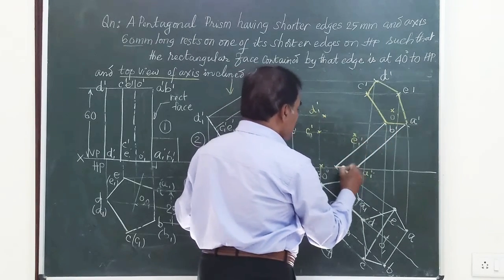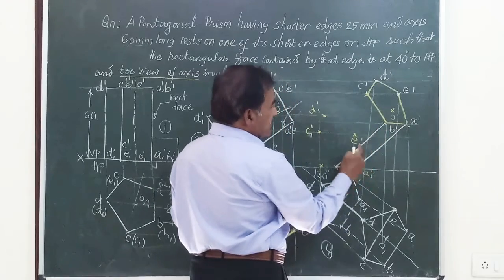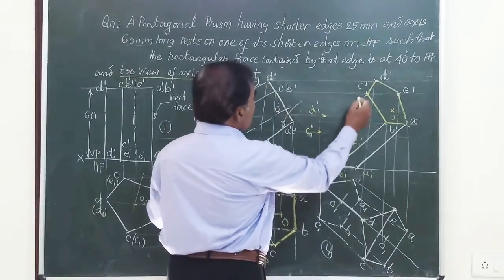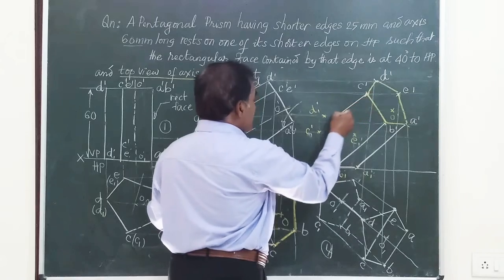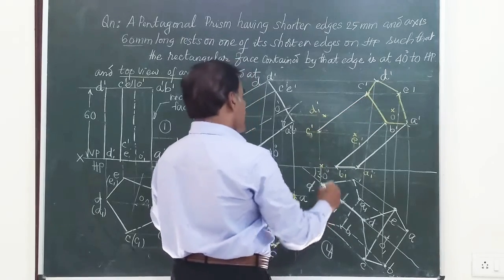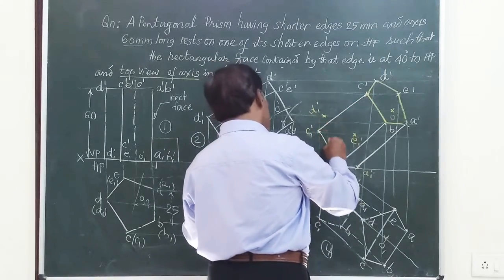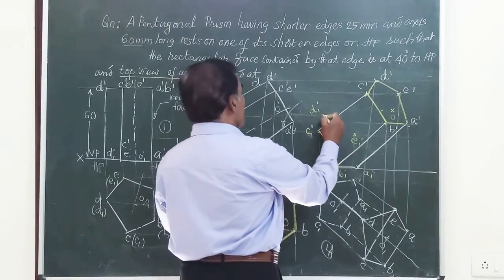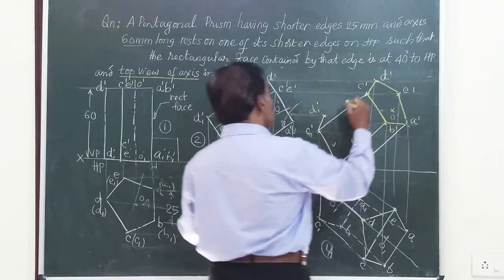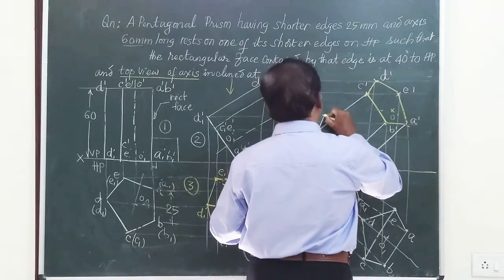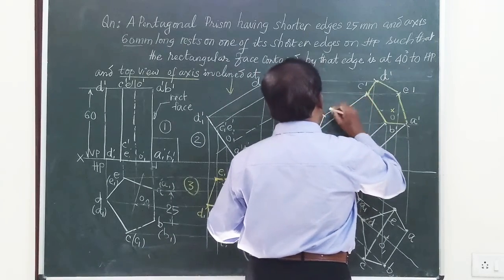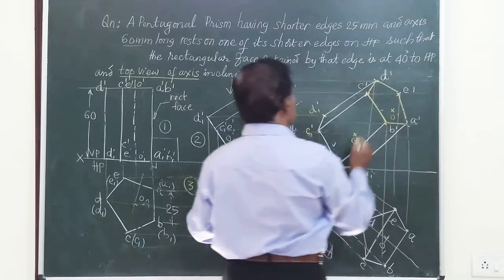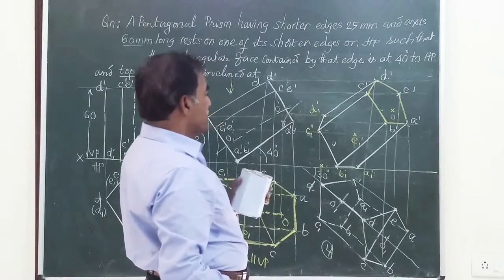Very obviously, this will be parallel to this, and these two lines are parallel. Then C dash to C1 dash by a straight line. Then B1 C1, if you join here, this line is going to be parallel to this. Then you have the point D. Finally, D dash and D1 dash, the other longer edge I am drawing here.